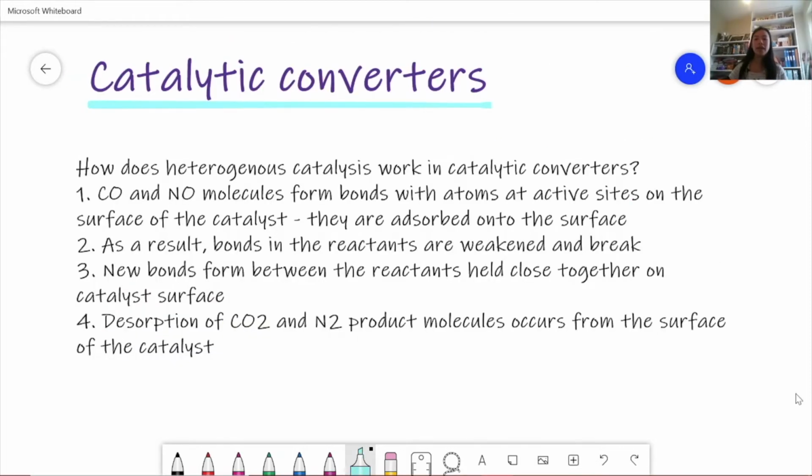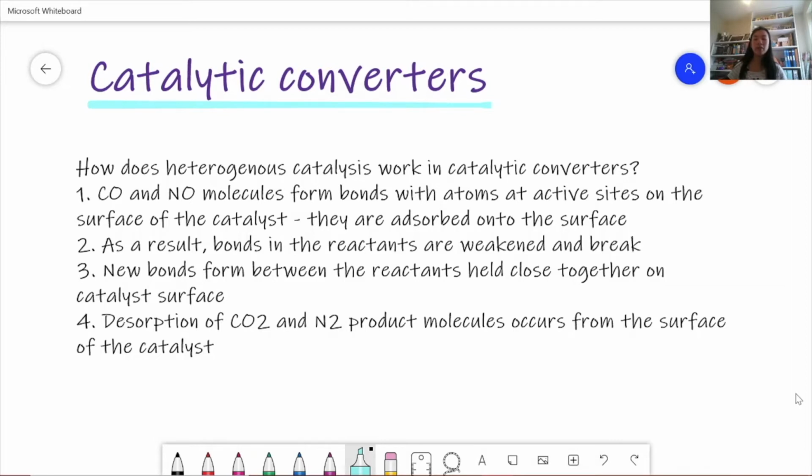Now we're going to talk about catalytic converters. We're going to look more into how heterogeneous catalysis works in catalytic converters. The first thing that happens is that the carbon monoxide and nitrogen monoxide molecules, which come from the car exhausts, form bonds with atoms at active sites on the surface of this heterogeneous catalyst, and so they are adsorbed onto the surface.